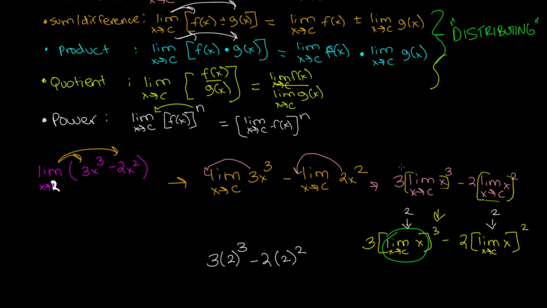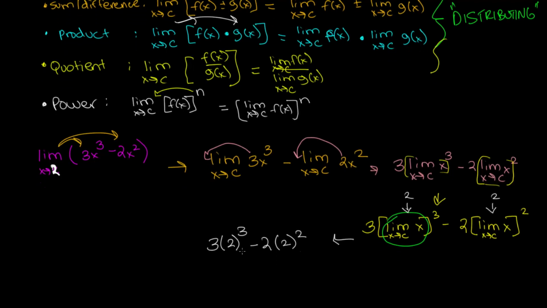So this is basically just our process, or the long way of showing why we can use direct substitution. We use all of these properties to essentially break down this function so that we have our basic unit, the limit of x as x approaches c, which we can replace with the x value we're trying to find, in this case 2. And that's how we get direct substitution.